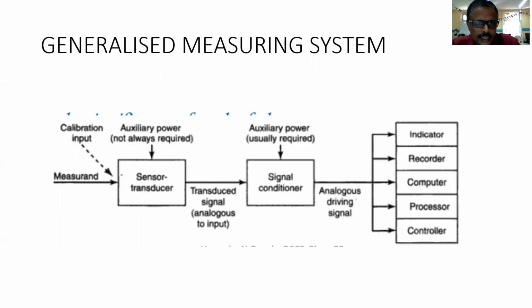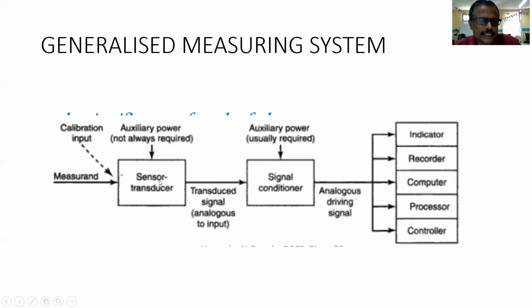Then what is the measurement system? Basically, in a measurement system, we need this input that is shown as measurand. Measurand is nothing but the input. This input is passed through the sensor cum transducer.